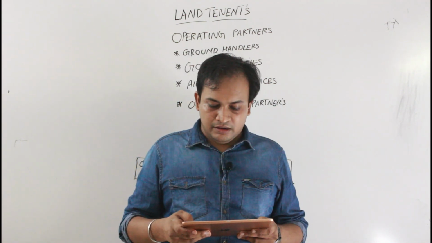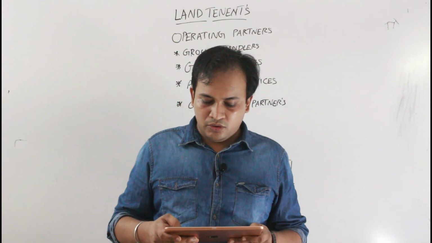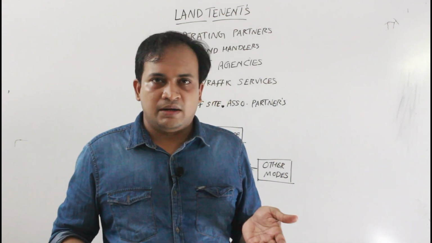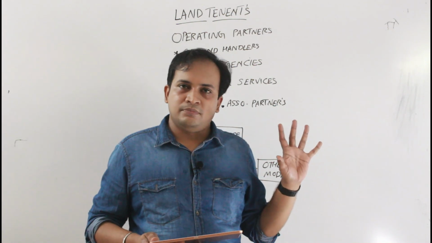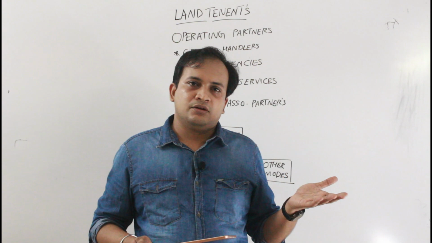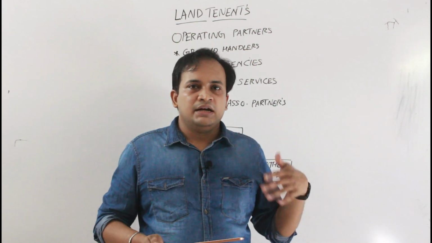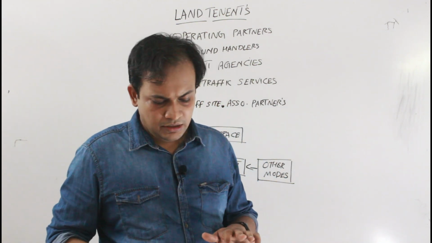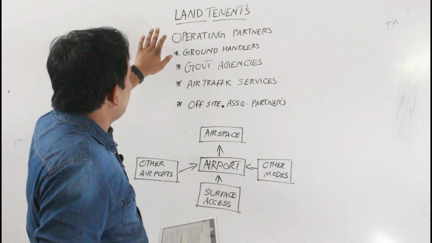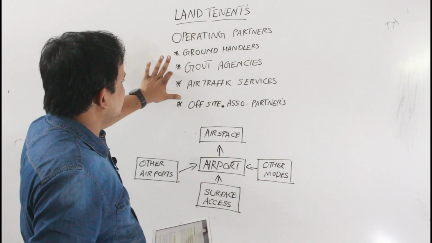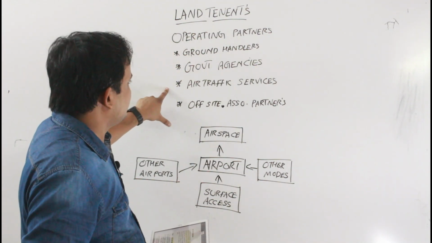It is controlled by a state-owned or a private air navigation service provider. In private airports it is controlled by a private operator, but in non-private airports it is fully controlled by the Airports Authority of India. So this is also an operating partner: ground handlers, government agencies and air traffic services.